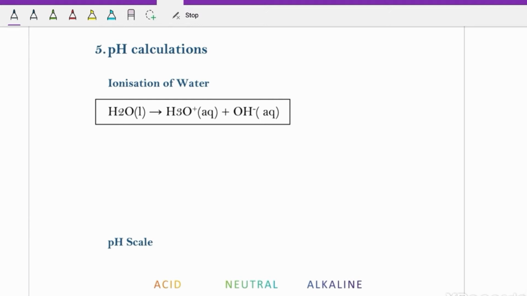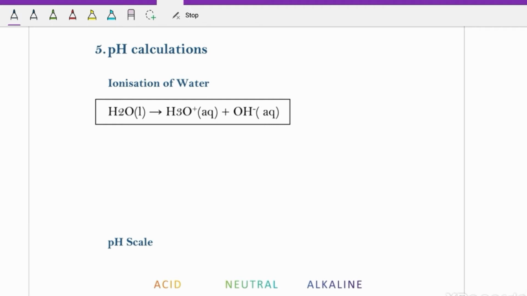When we start off with pH calculations, we need to consider the first very important reaction, and that is the ionization of water. So when water ionizes, it basically ionizes into hydronium ions and also hydroxide ions.